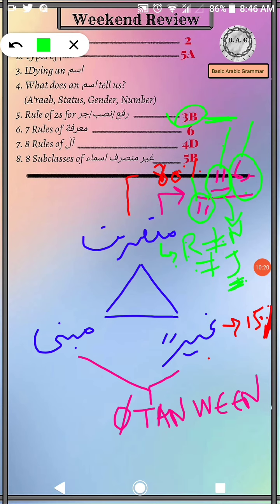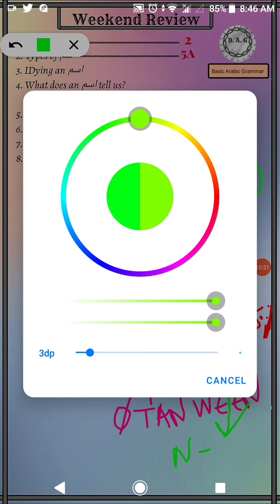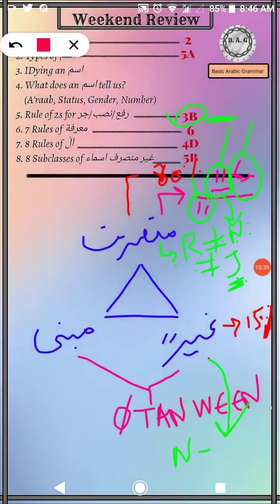Rafa is not similar to nasab form, and it is not similar to jar form. However, in the ghair munsarif asma, the nasab and jar forms are similar to each other, but not similar to the rafa form.